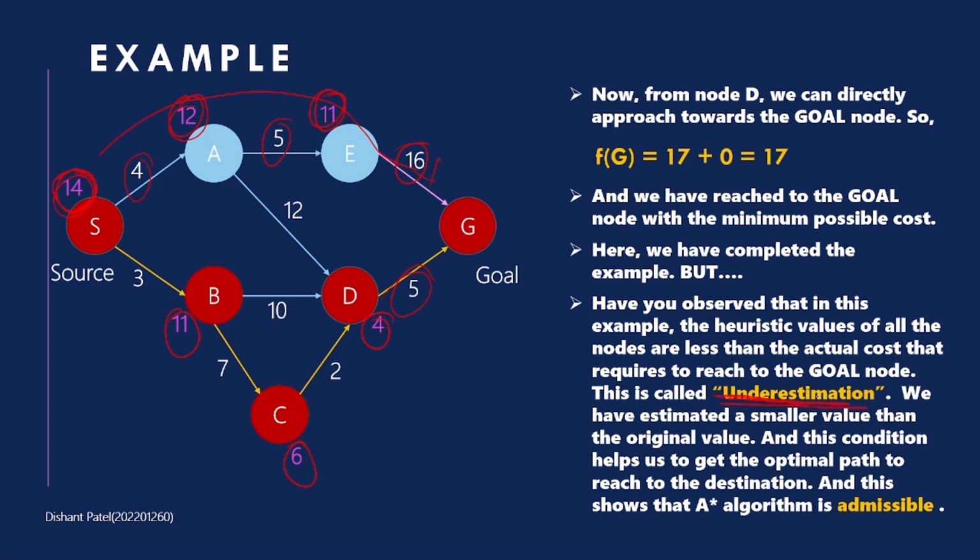There are two conditions: underestimation and overestimation. If we choose the condition of underestimation, we find the optimal and the best cost efficient route to reach the goal node. And so this shows the admissibility of this A star algorithm.